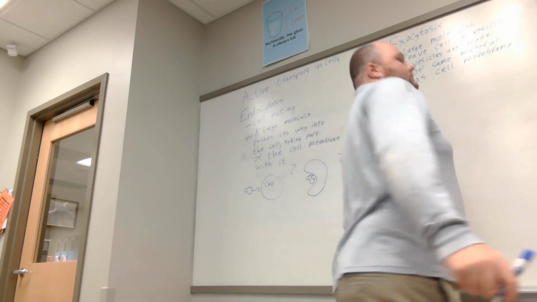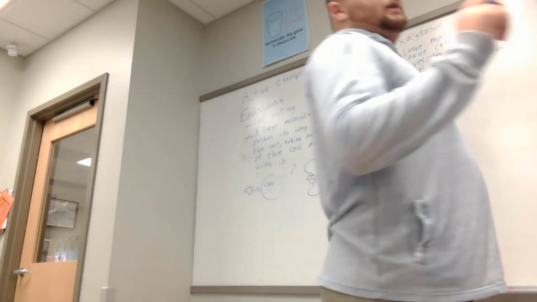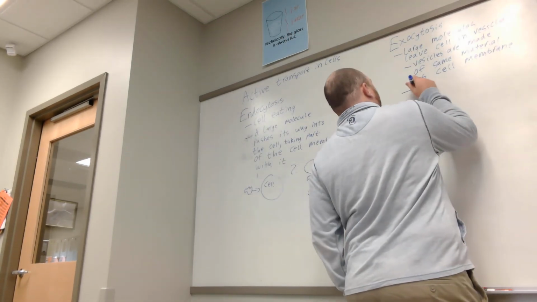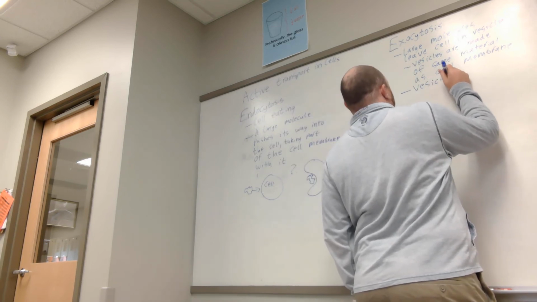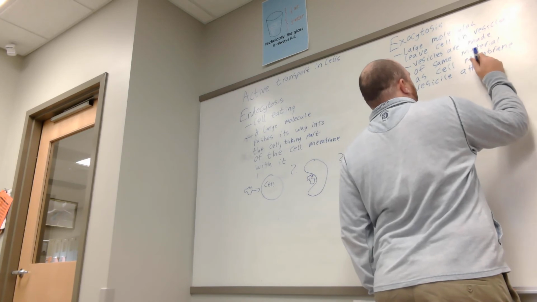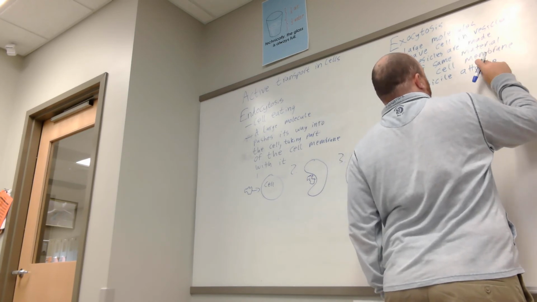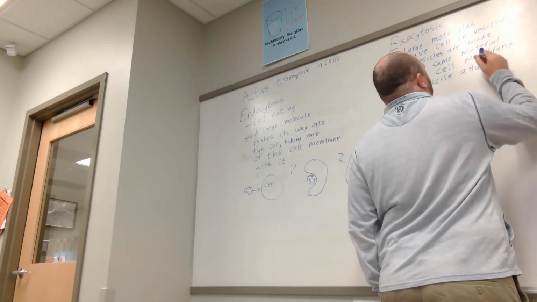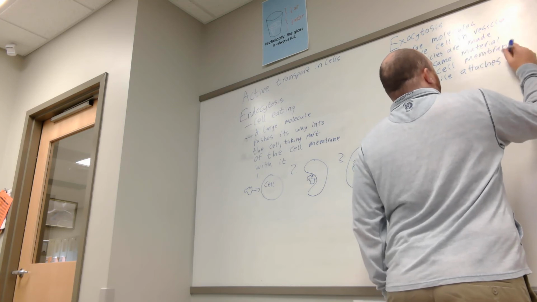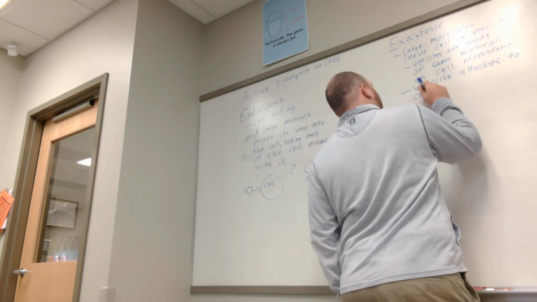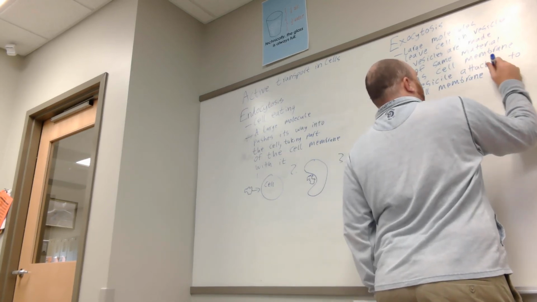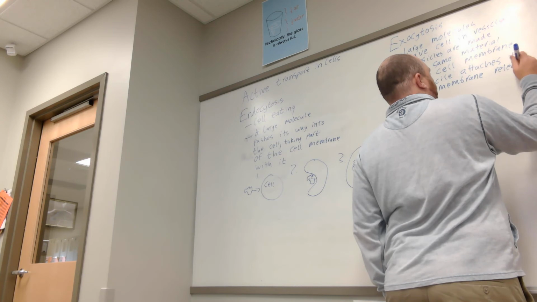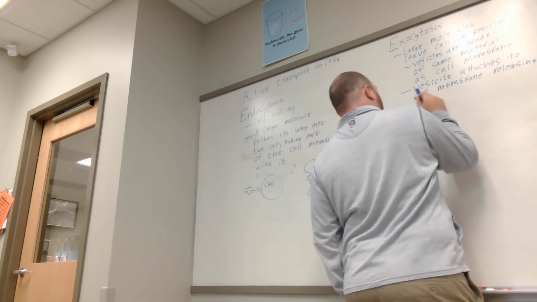Basically, the vesicle attaches to the cell membrane, releasing its contents. There's not an extra T in there.